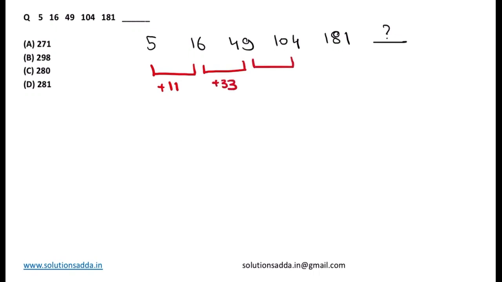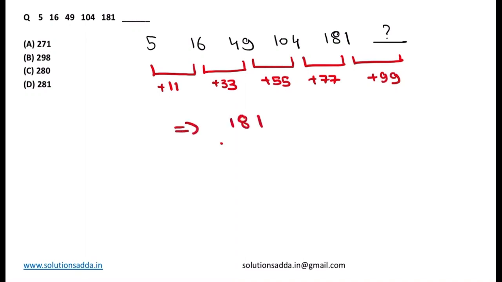The difference between third and fourth number is 55. Fourth and fifth number is 77. Hence the next number should be plus 99. Therefore the answer will be 181 plus 99, which is 280. Therefore the correct answer for this question is option C, 280.